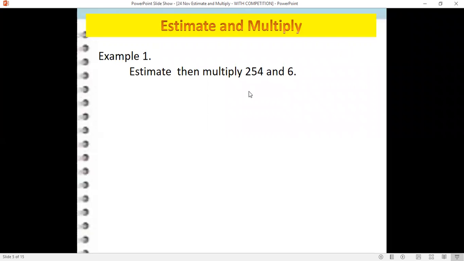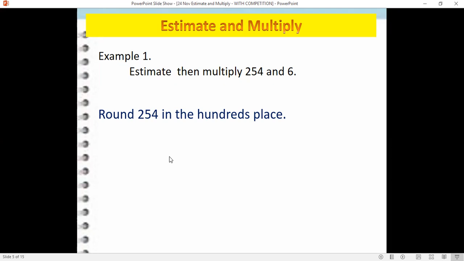Okay, let's have this first example. It says here, estimate then multiply 254 and 6. So, the first thing you're going to do is round 254 to the nearest 100.